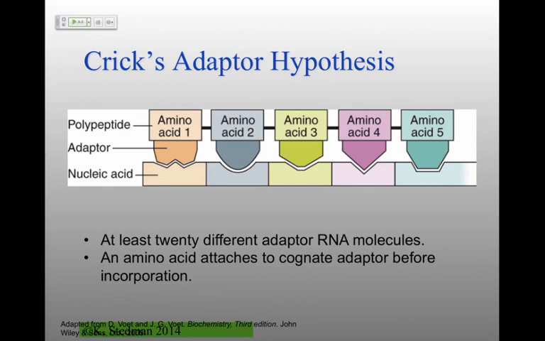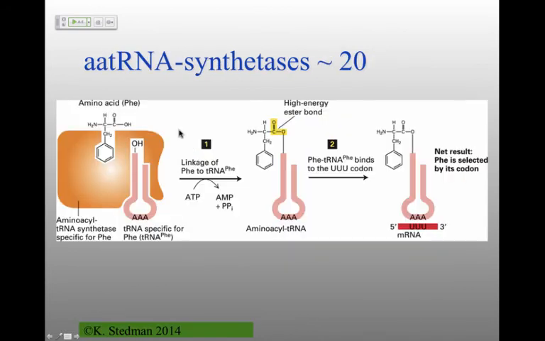Of course, we now know that this is what happens. Now, however, to do this, you have to have some way of recognizing this amino acid and this adapter in the absence of knowing what the code is down here. And so basically you have to have some way of pulling these adapters together with the correct amino acid.